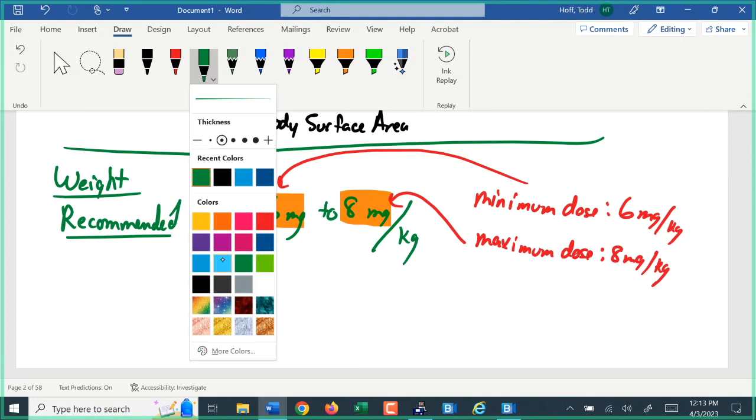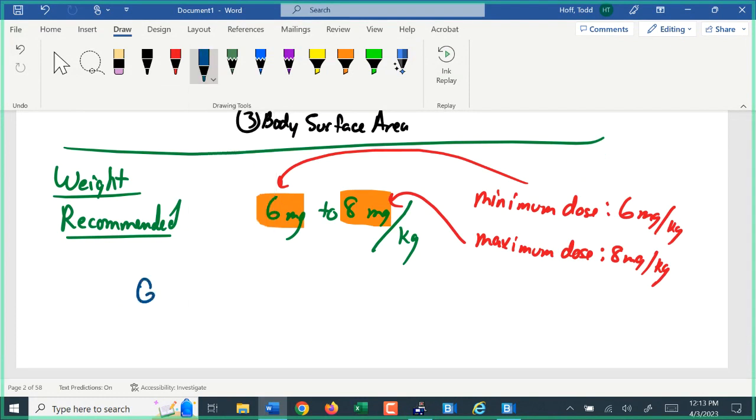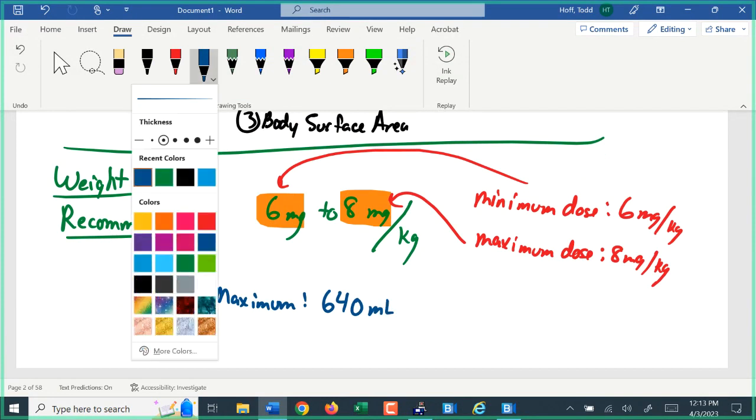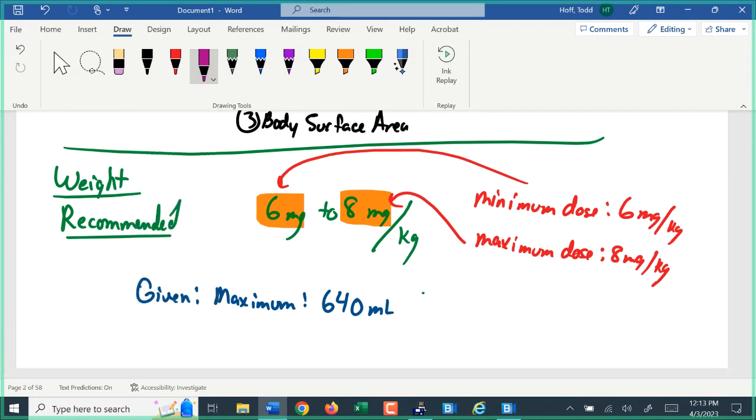So let's say that we're given that the maximum dose is 640 milliliters. Obviously, there's a process similar to what we have done for our other dosage calculations to get to that 640 milliliters.